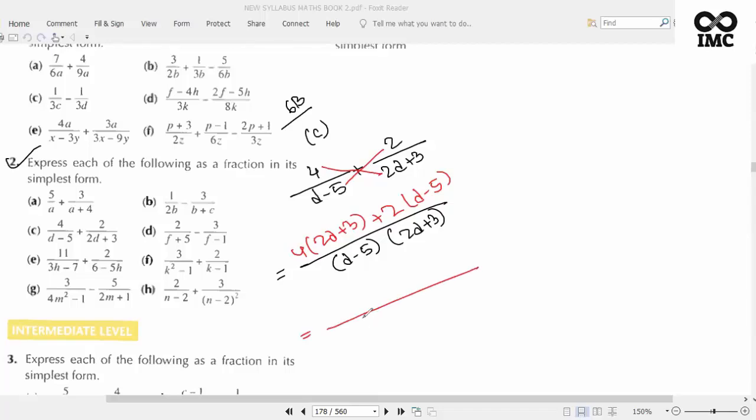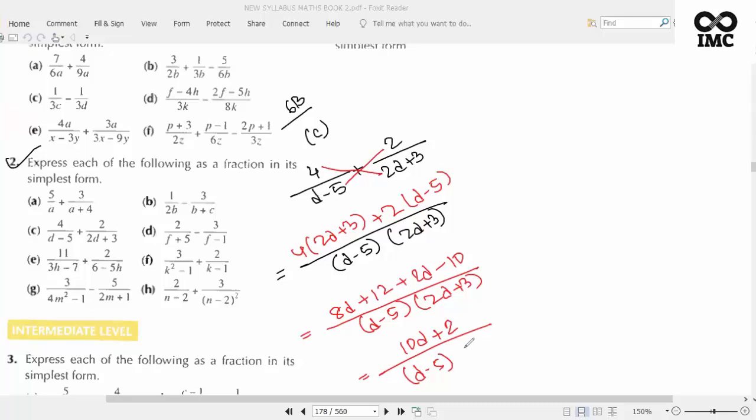The denominator is d minus 5 into 2d plus 3. And numerator, 4 2s are 8d plus 4 3s are 12 plus 2 multiplied by d, 2d minus 2 5s are 10. So, 8 plus 2, that will be 10d. 12 minus 10, that will be 2. So, 10d plus 2 divided by d minus 5 into 2d plus 3.